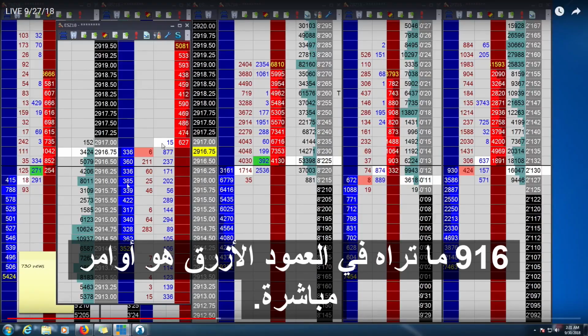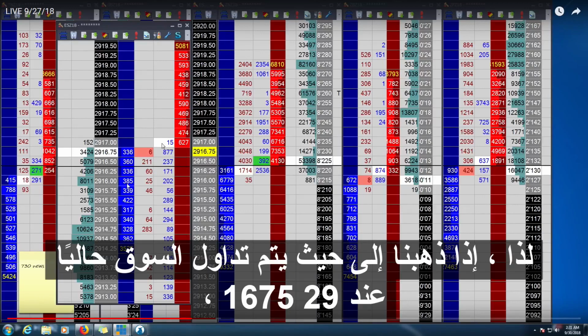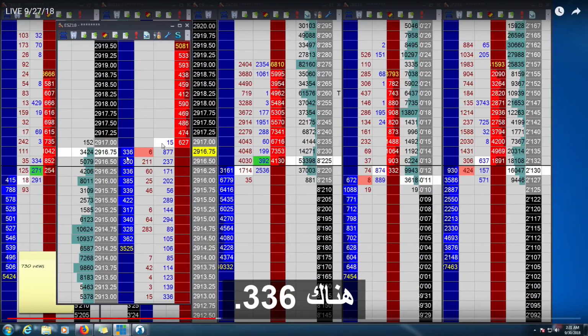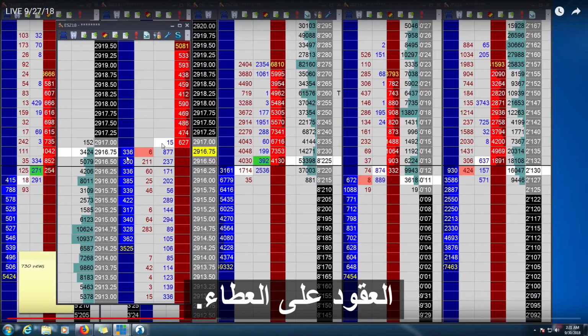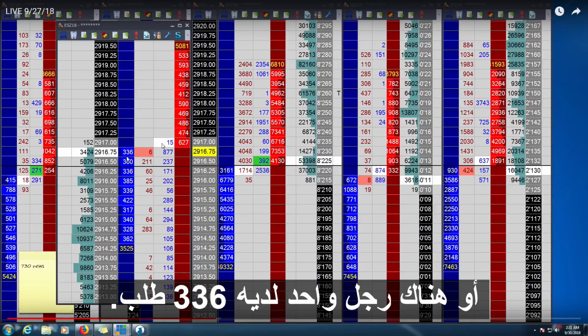What you're seeing in the blue column is live orders. These are limit orders sitting at whatever price people want to get into. So if we go to where the market is currently trading at 29.1675, there's 336 contracts on the bid. There's 336 people, or there's one guy with 336 orders.